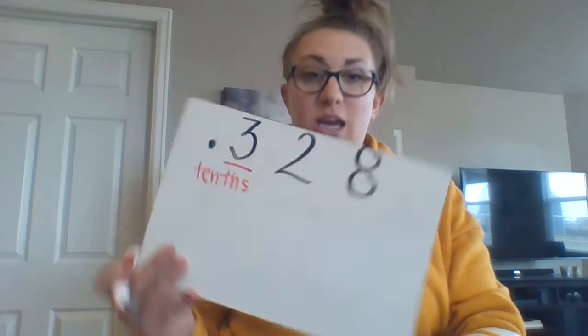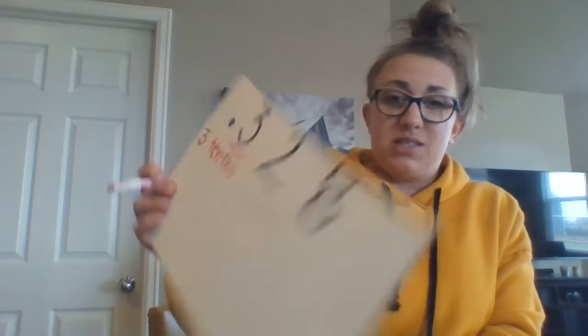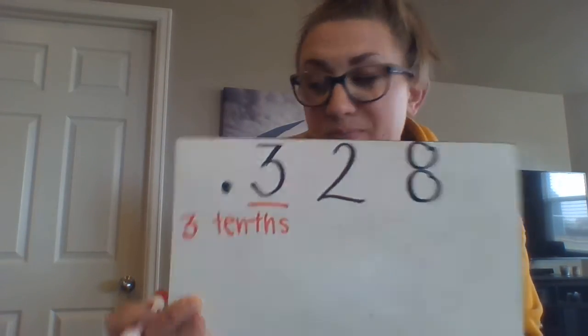So my 3, I'm going to underline it. Okay, and I know that that is called the tenths place. So I'm writing the name of the place value. It's the tenths place. Now, what are some different ways we could write 3 tenths? Well, I could just put the number 3 in front of my word tenths there, and I get 3 tenths.